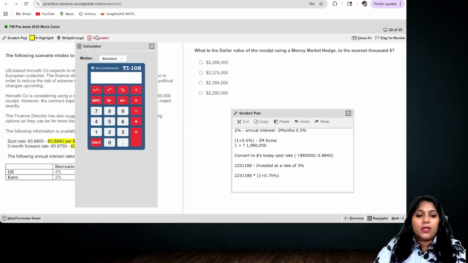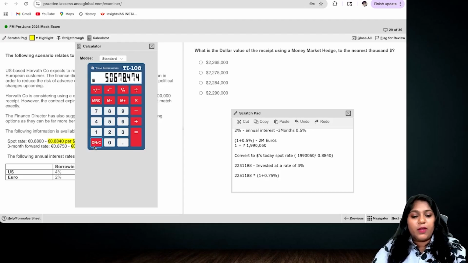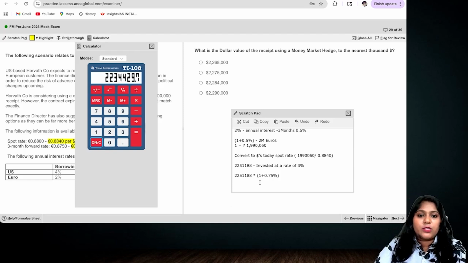So take the calculator. 2,251,188 multiplied with 1.0075.